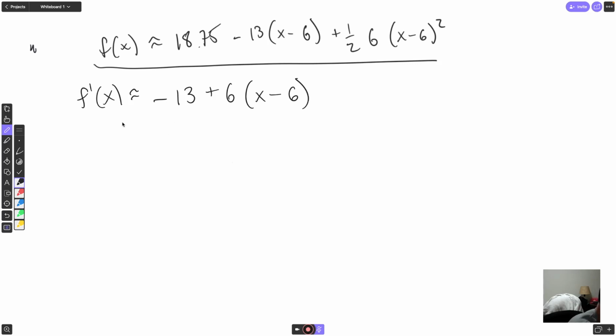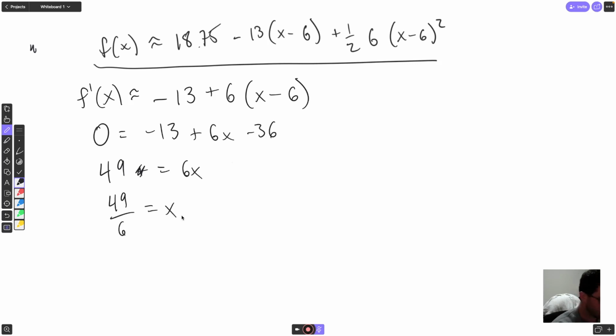We set this equal to 0, and we use an equal sign now: negative 13 plus 6x minus 36. Moving this over, 49 equals 6x. Divide by 6 and get 49 sixths is equal to x, right?